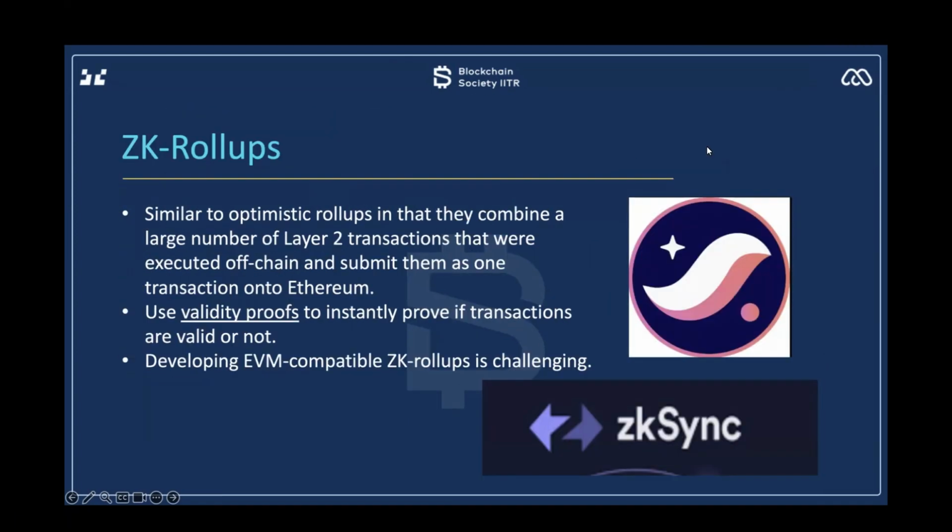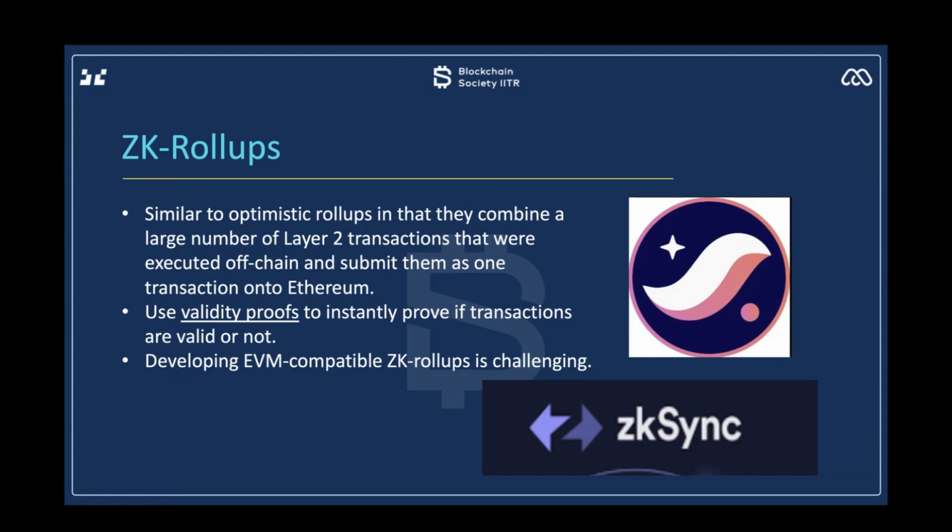So yeah, now I'll discuss what ZK rollups are. They are similar to optimistic rollups in one way: we were batching up all the transactions in the layer 2 and then submitting them back to layer 1.